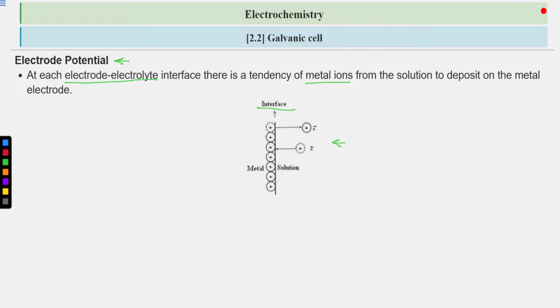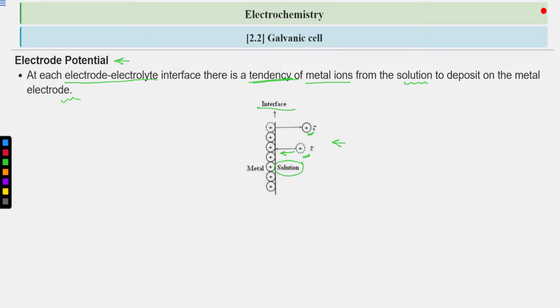So at each electrode-electrolyte interface, there is a tendency of metal ions from the solution to deposit on the metal electrode. These are the metal ions present in the solution, and they have a tendency to deposit on the metal electrode and combine with it. You can see an arrow depicting this direction. That means this metal ion is going to deposit on the metal electrode.